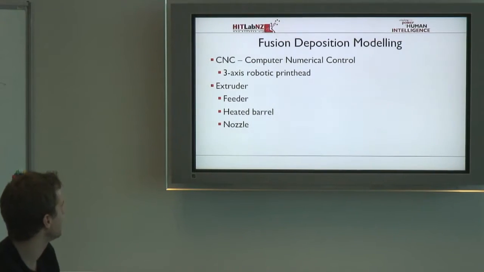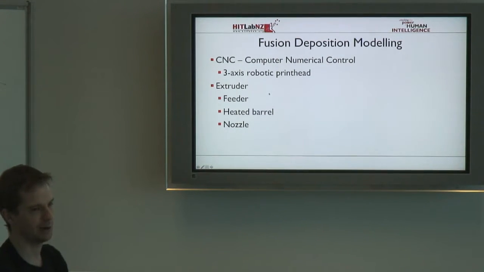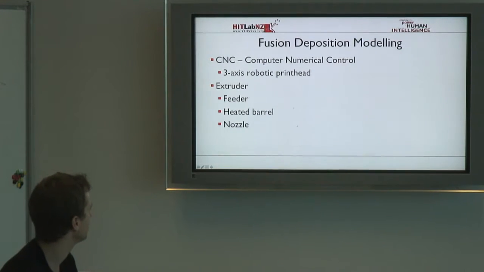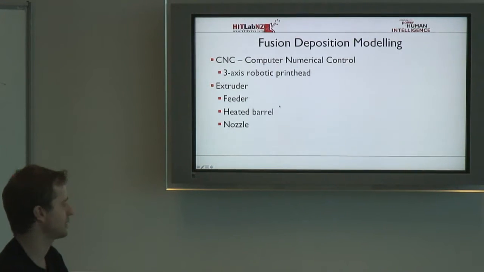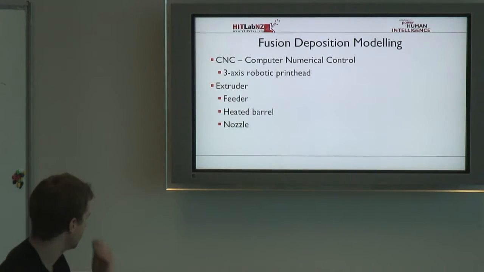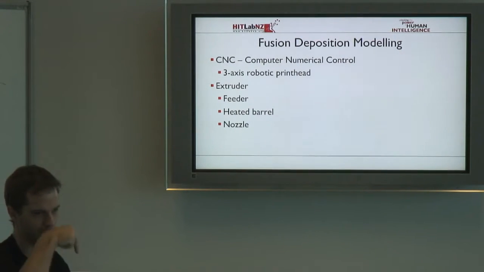So CNC will basically control it, and then you have the extruder, which has effectively 3 parts. It's got a feeder. In our one, there's a couple of little cogs which you feed the filament into, and they just rotate round and pull the filament in. Then the heated barrel, which is usually between 130 and 140 degrees Celsius, melts it, and then you've got the nozzle, which is just a little nozzle with a very fine tip.